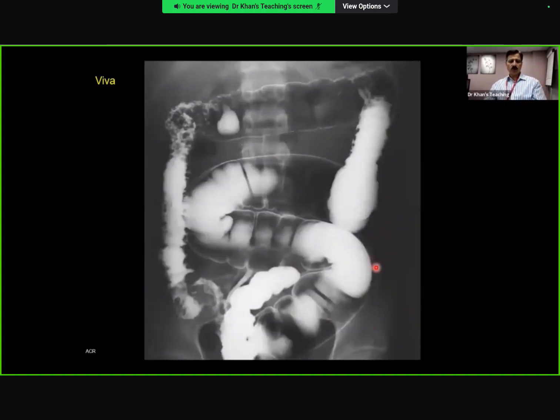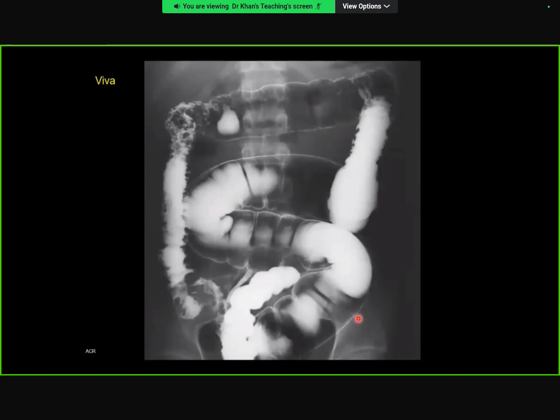Okay, over to you. This is a very good film, and I want you to describe it, so I'm going to give you time. Please describe it. So it's a double contrast barium enema spot film, demonstrating abnormality centered in the ascending colon, a bit of transverse and descending colon as well.